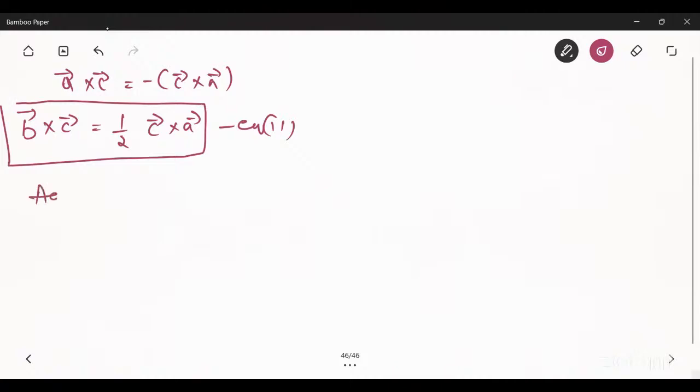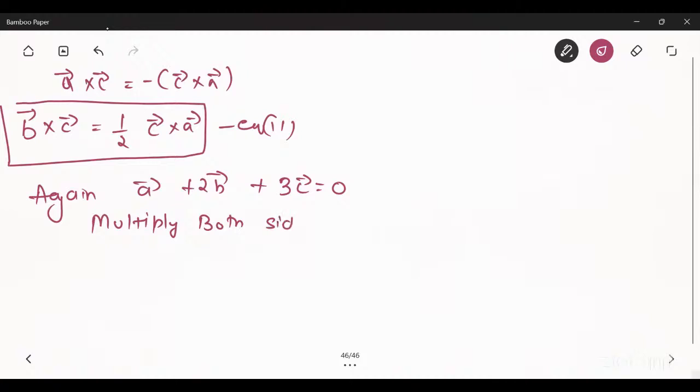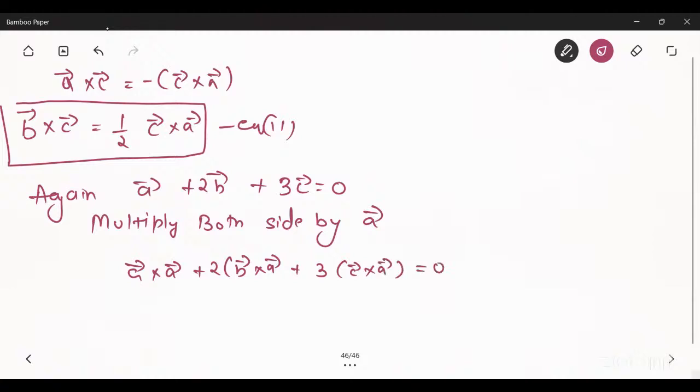Now again, the given part, from equation first, is A vector plus 2B vector plus 3C vector equal to 0. Now multiply both sides by A vector. Now what will happen? A cross A plus 2 times B cross A plus 3 times C cross A. We know that the value of A cross A is always 0.